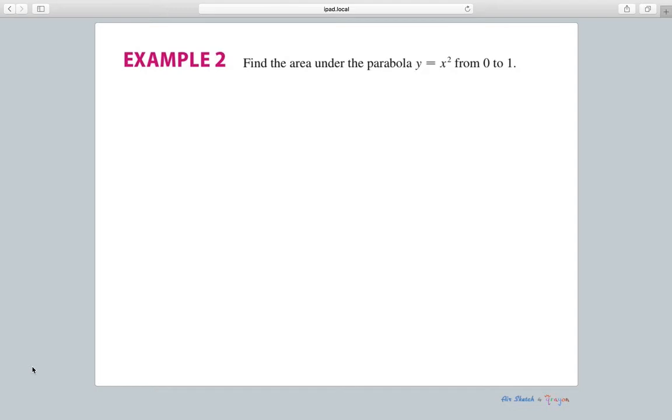All right, find the area under the parabola, y equals x squared from 0 to 1. So in this case, we're going to set up our own integral notation. So it's going to be the integral of x squared from 0 to 1 dx. And this one I'm going to sketch the graph first, just so that we can have some idea about where this is going.